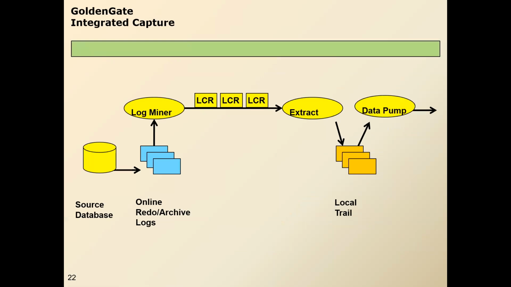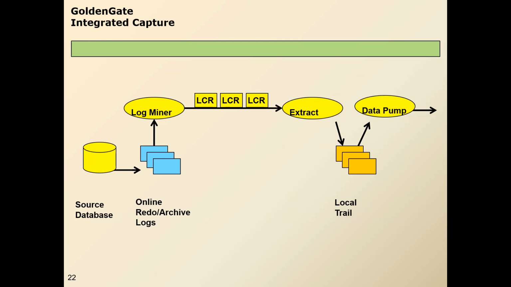However, in case of integrated extract, whatever changes are happening in the source database will be written into the transaction logs of the database. A copy of those changes will be written into the log miner database. You don't have to create anything. Internally, it happens as soon as you register your extract process to the database. The log miner database builds up.